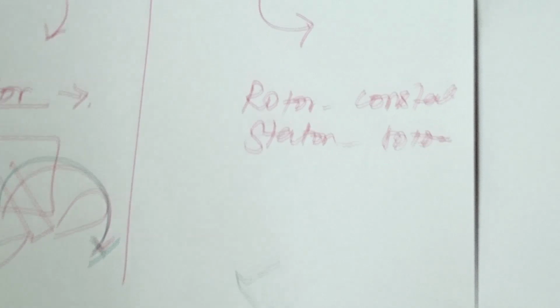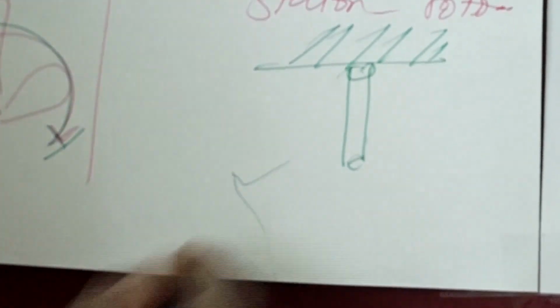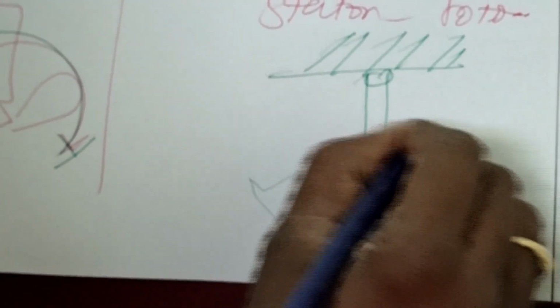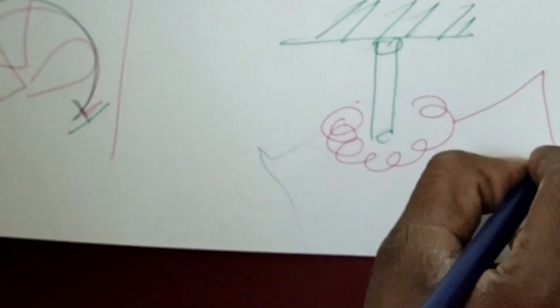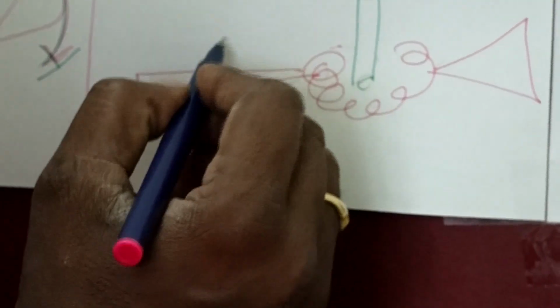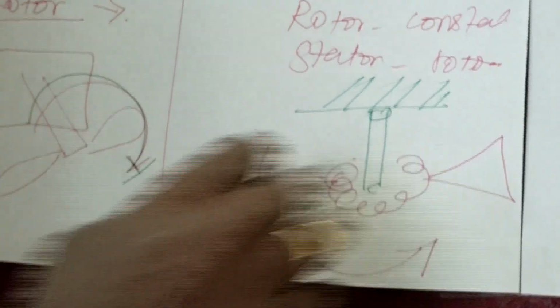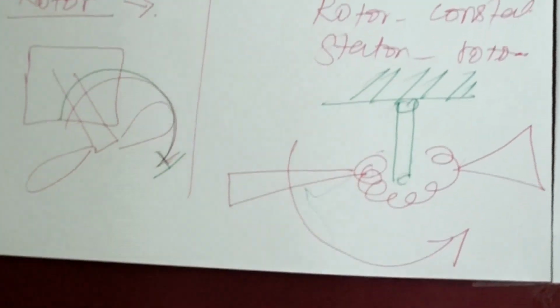Why? Because this rotor setup, which is your rotor shaft, is fitted in the ceiling, and here we have coils with the stator. This is coupled with your blades or fan so that it is movable. That's why the stator or your blades rotate in the anti-clockwise direction.